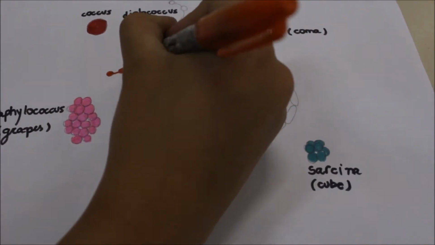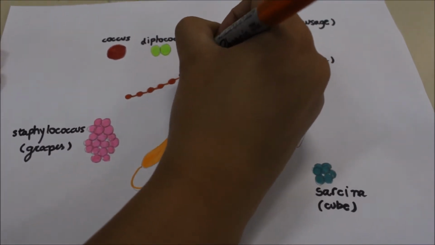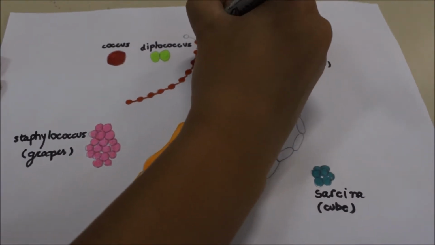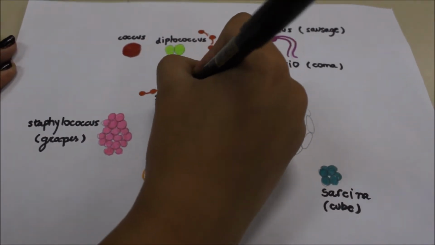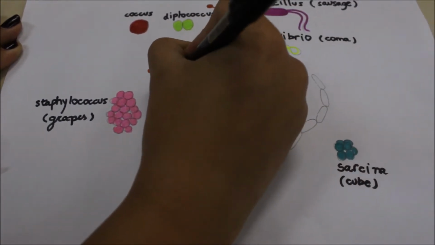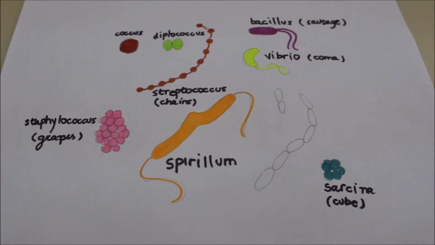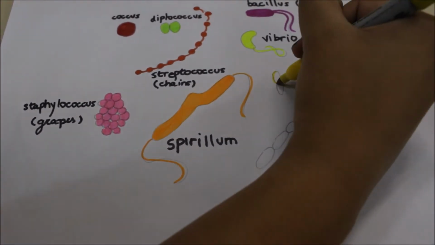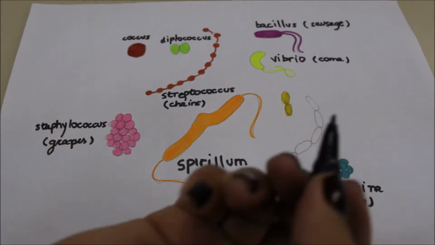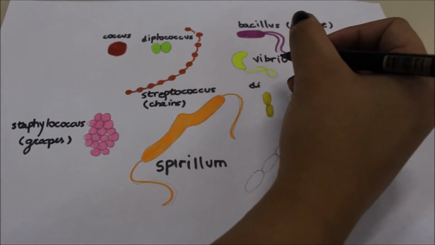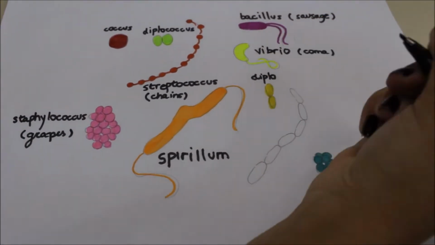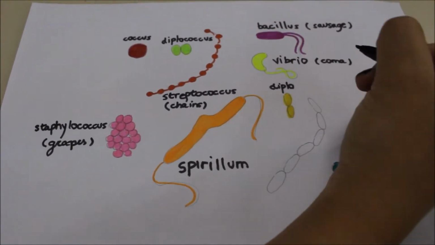And if the coccus are joined together side by side, looking like a chain or a pearl necklace, the name is Streptococcus. And now, when there are two bacillus joined together side by side, the name is, as you can tell, Diplobacillus.